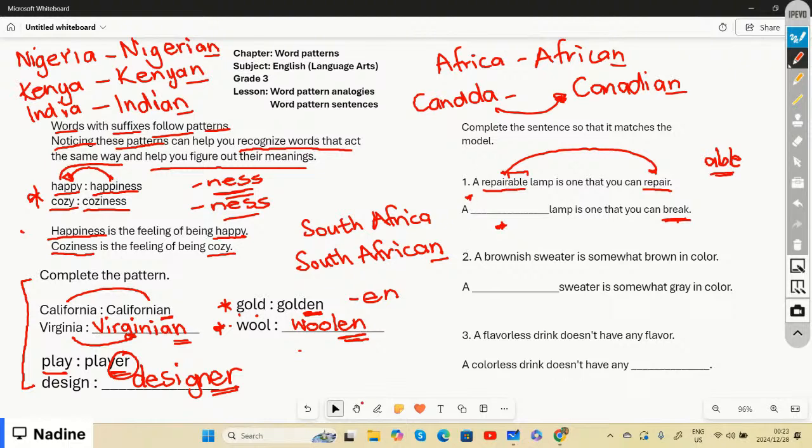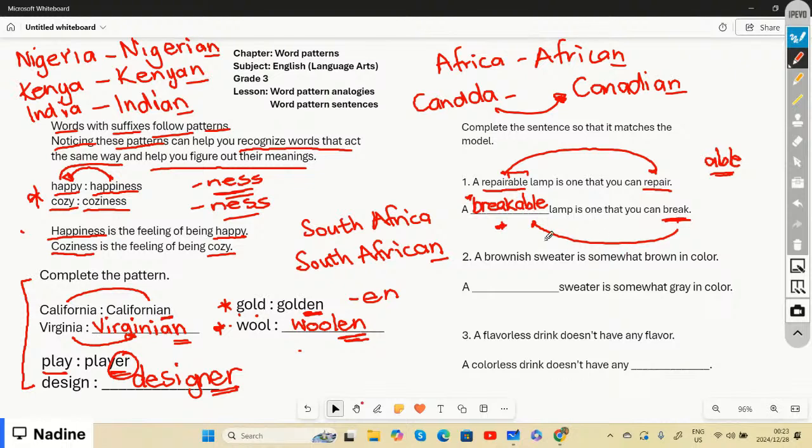All right. So if a repairable lamp is one that you can repair, and we look at the suffix able, then it means that yes, well done. A breakable lamp is one that you can break. Meaning if something can break, it is breakable.